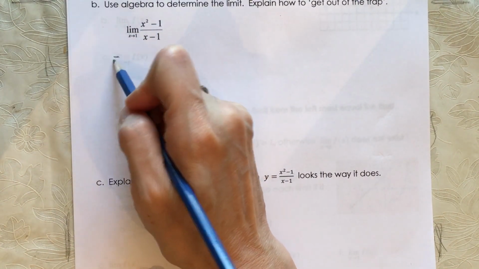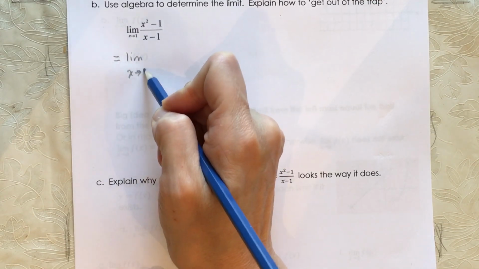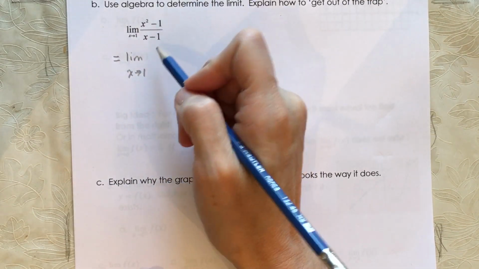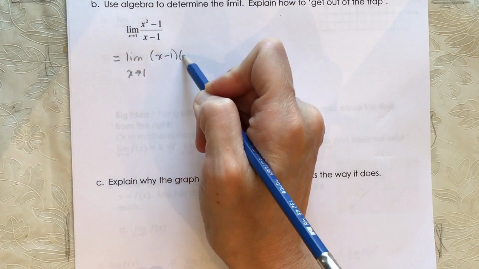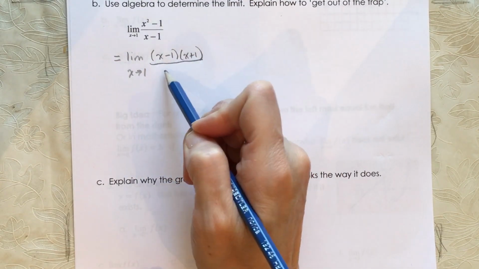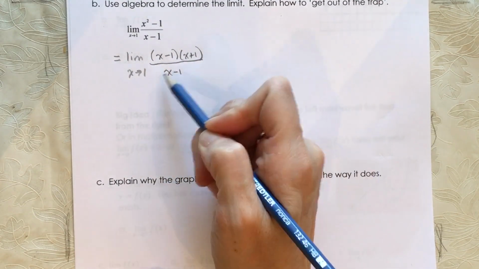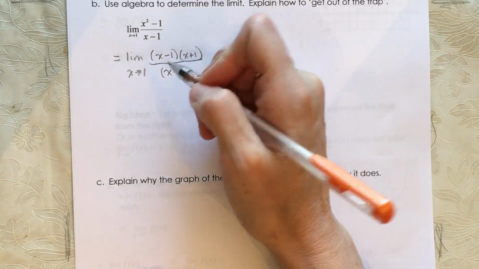In this case, that method that we can use is factoring. So if I factor x squared minus 1, it's a difference of squares, and it will give me x minus 1 times x plus 1. And the denominator can just stay the same. I'll add these brackets here to emphasize. So now that we've factored the numerator, we can actually divide out the x minus 1s.